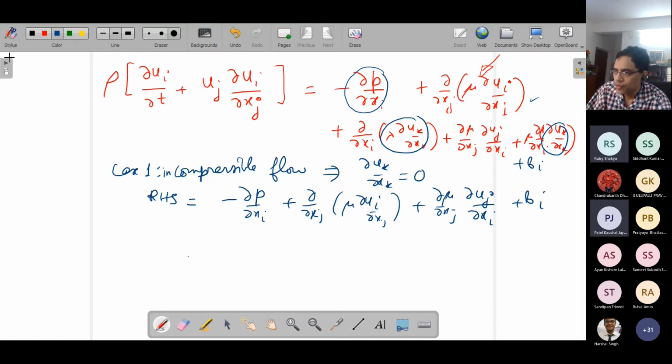For example, let us say that we are having a mixture of air and water. So at some locations where you have air and water mixed, viscosity will be a function of position depending on the relative concentration of air and water. Density will also be, I have not yet come into density.